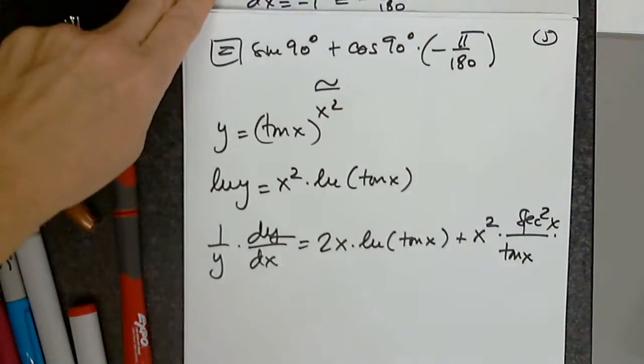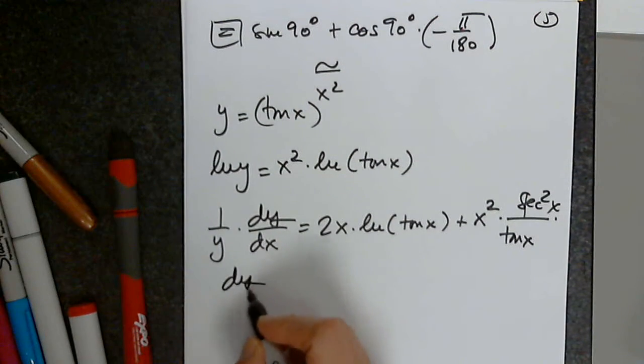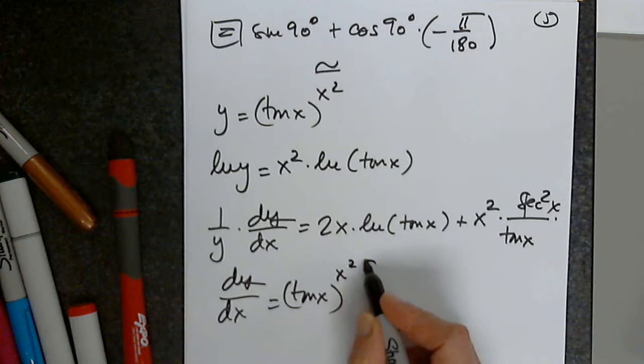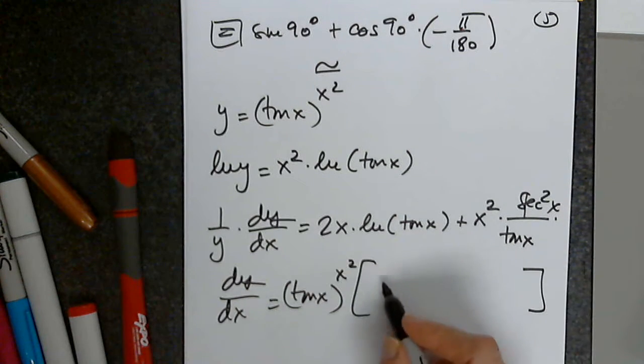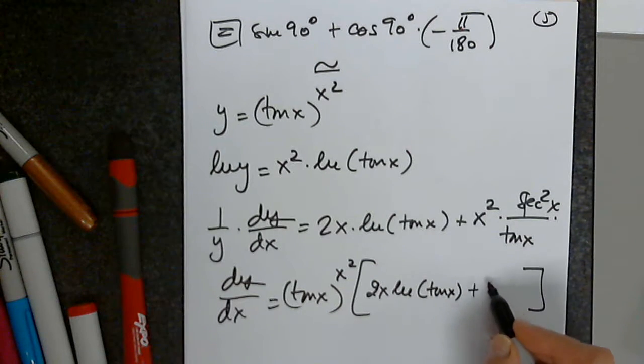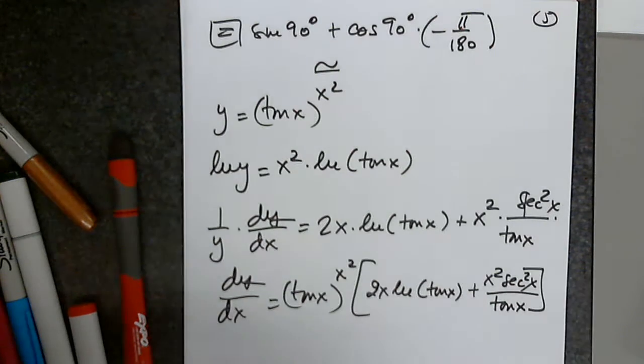So all I have to do is multiply by y. So then dy over dx equals tangent x raised to x squared, and you didn't have to do anything here, times 2x natural log of tangent x plus x squared secant squared over tangent x.